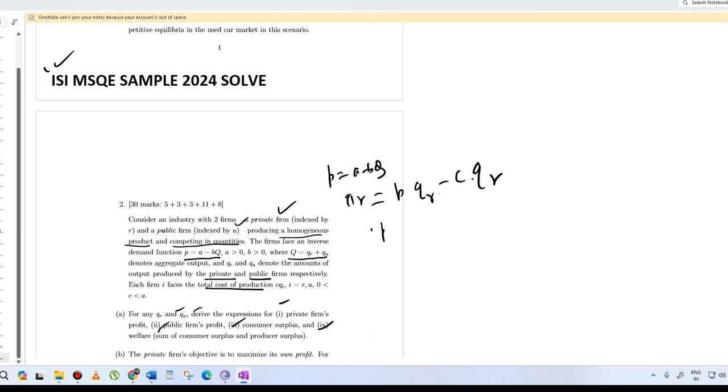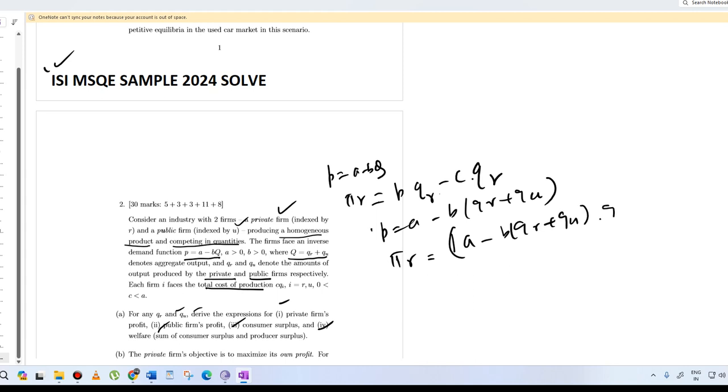Now substituting P equal to A minus B times (QR plus QU), we can get pi r equal to (A minus B(QR plus QU)) into QR minus C QR. So this is the private firm's profit.